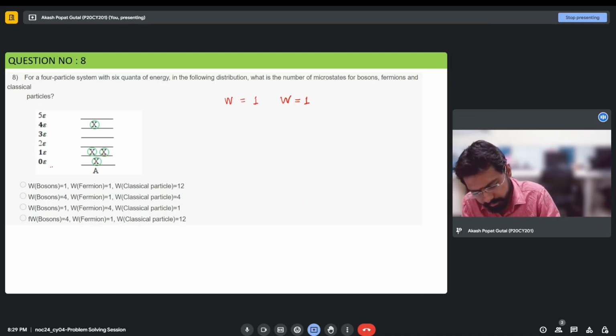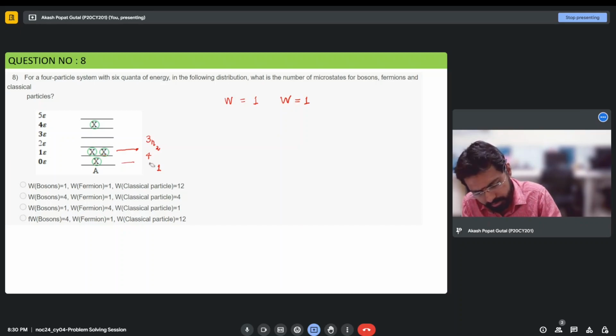From the bottom, for 0 epsilon, if all particles are distinguishable, the possibility of one particle being at the energy level 0 epsilon is, out of a total of 4 particles, 1. Similarly, in the next level, 1 epsilon, this will be a 3 and 2 combination.